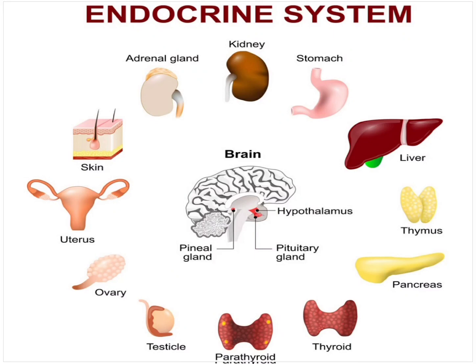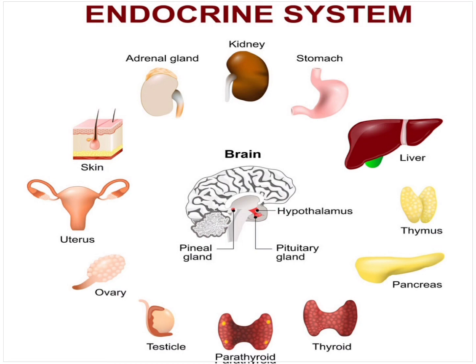Now, as I said, the second thing which helps in the control of the human body is the special chemicals which are released by different parts of your body, which are called hormones. So this forms your endocrine system. Your brain has 3 important parts which are releasing special hormones which help in the release of organs.